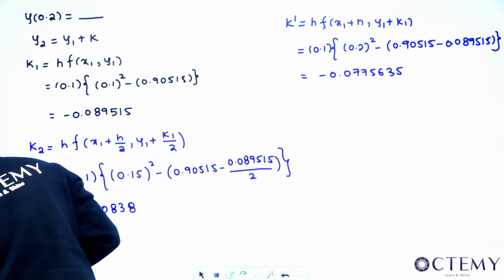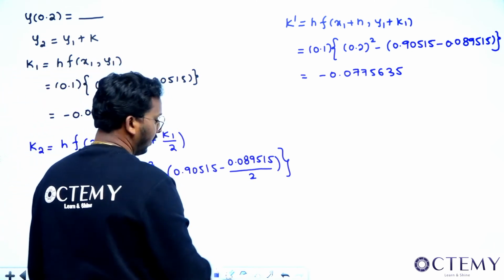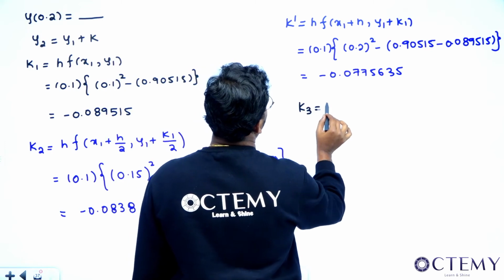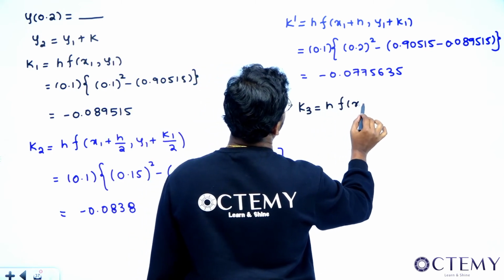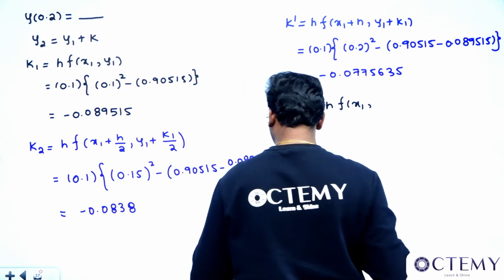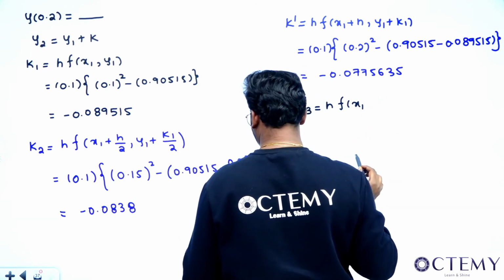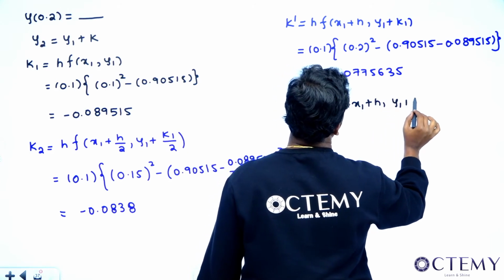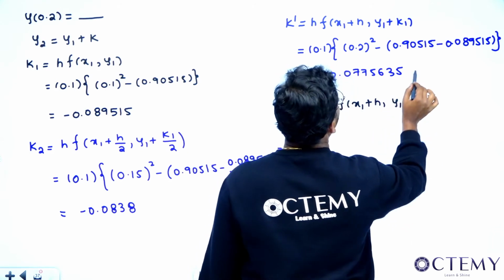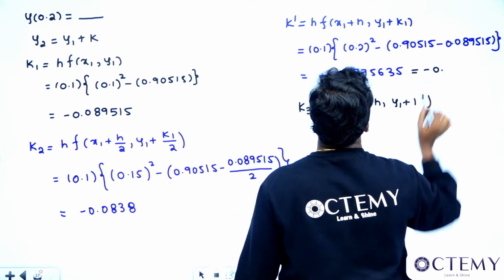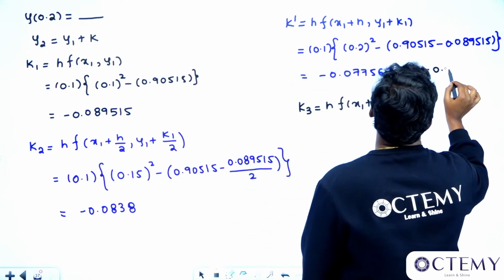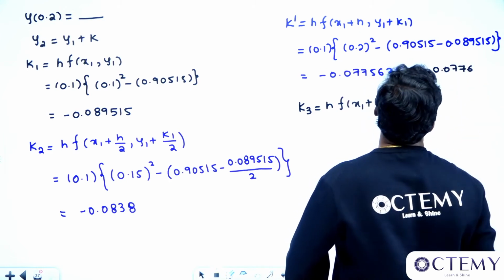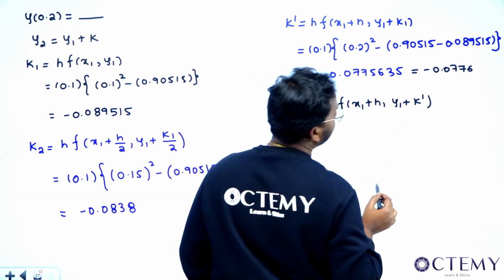Very good, sir. So see, sir, what will you get your K3 as? H into F of x1 plus h, comma y1 plus k dash. So I can truncate this to minus 0.70776, you write, sir. Right? 5635 you can write as 6 roughly.